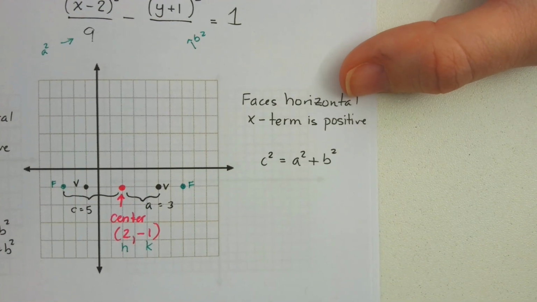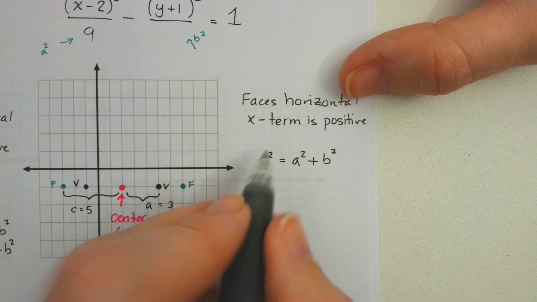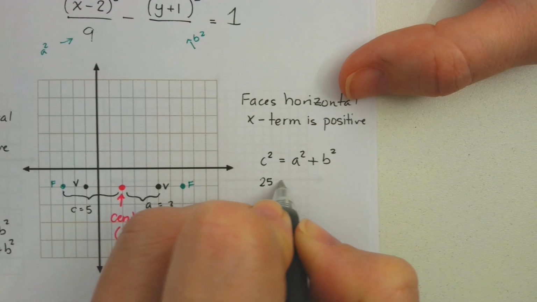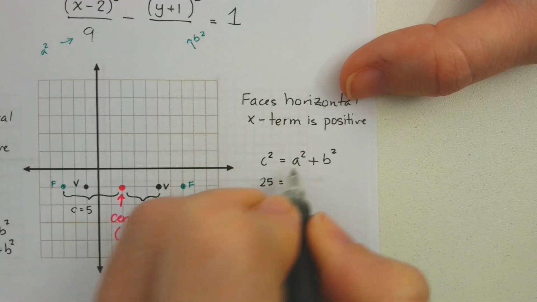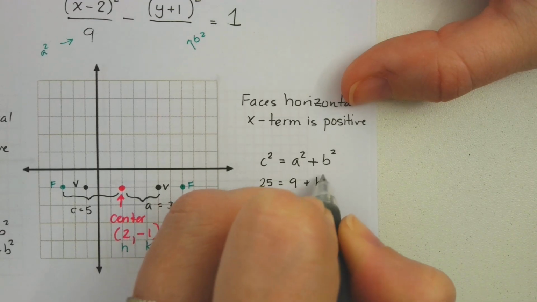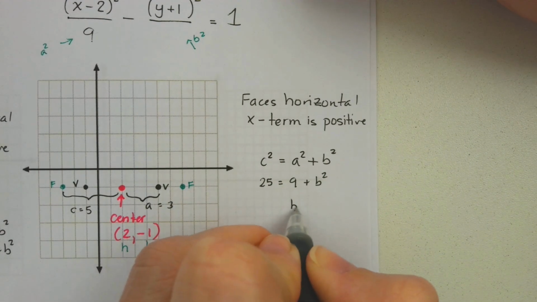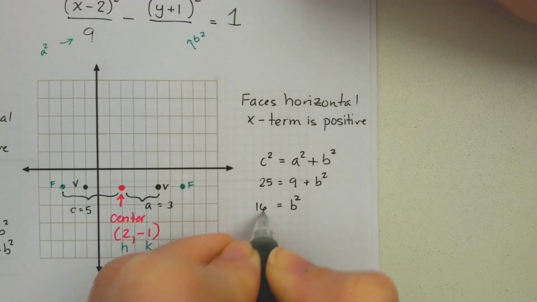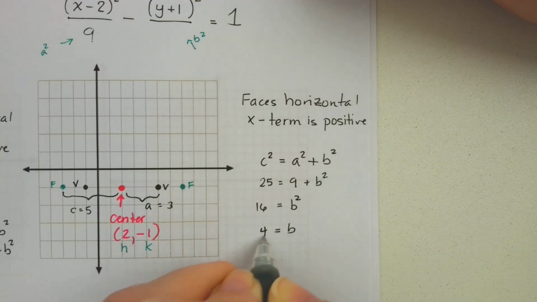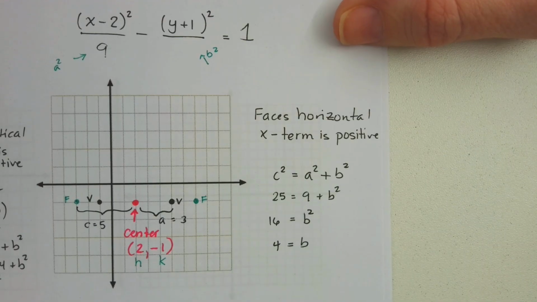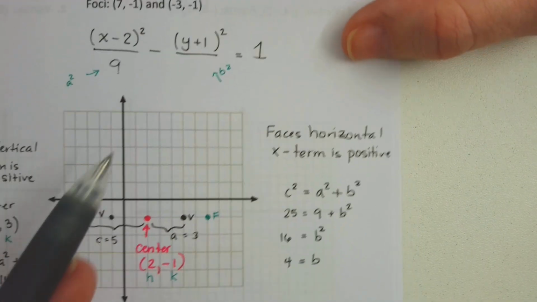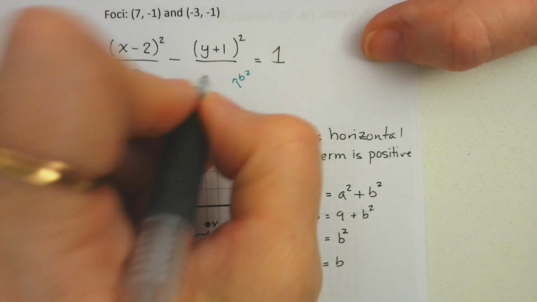All right, we can get those substituted in. 5 squared, that would be 25 equals 3 squared, that's 9 plus b squared. If you subtract 9 on both sides, you get b squared equals 16. So b would be 4 if we wanted to finish graphing it. But what are we going to write underneath our y variable? 16, our b squared number.